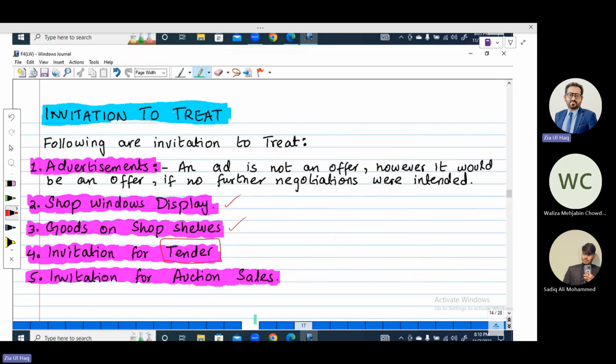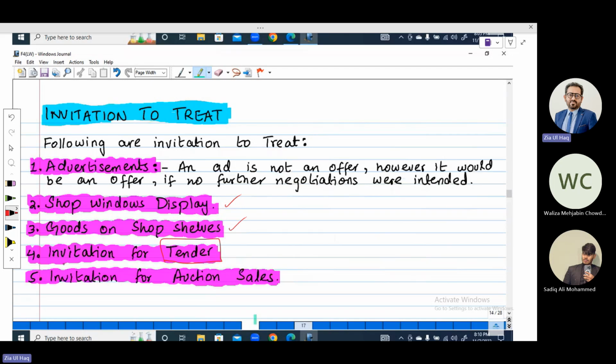They will open a tender, meaning they will advertise in the newspaper or somewhere, we want to buy 10 computers with this specification, and they will invite different suppliers to submit their proposal. Now different companies like Dell, HP, Lenovo will send their quotation, like we can provide this kind of computer at this price. Others will say we will provide you this type of computer at this price. So now the business will decide from whom they need to buy.